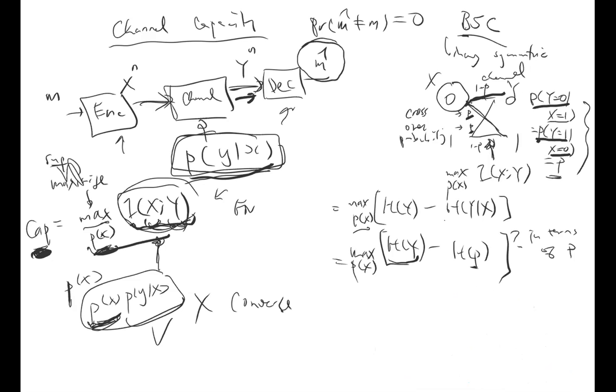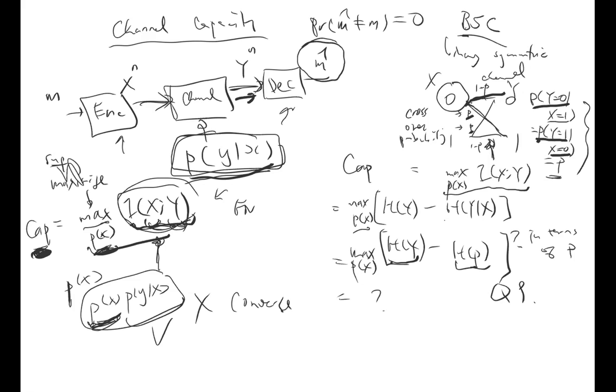Anyway, maybe one last question. Can you find the capacity now, given this is H(p)? What should be the capacity now? Capacity is equal to maximizing I(X;Y), for given p, with respect to p_X.